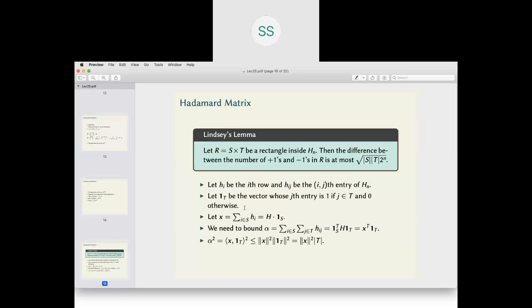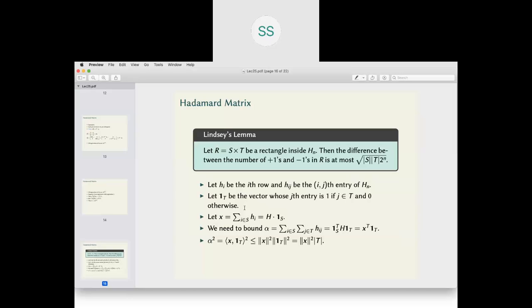So R is S cross T, which means S is a subset of rows and T is a subset of columns. Or you can see both of them as subset of the same index set, right? Both of them as some subset of 1 to 2 power n.